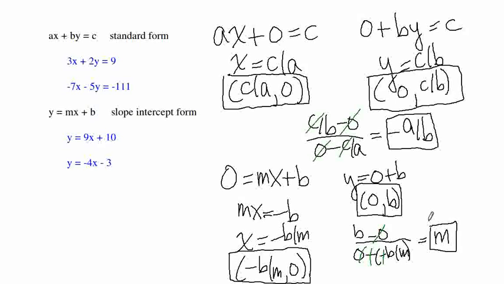Now, let me tell you something. I personally prefer the slope-intercept form. Why? Notice that it's much easier to determine the slope and the y-intercept. I mean, it's not terribly hard to do it from the standard form, but with respect to the slope-intercept form, notice that you can just read off the coefficient of the x term.